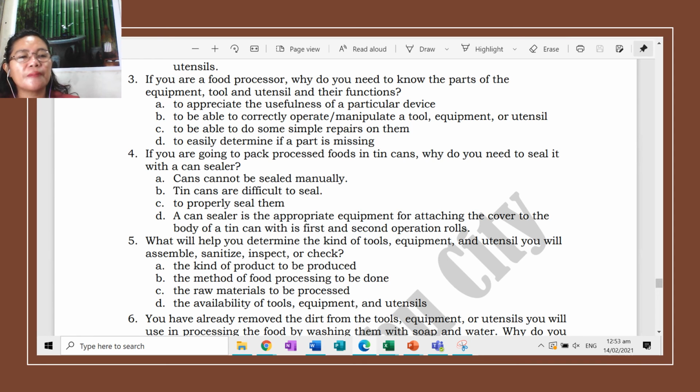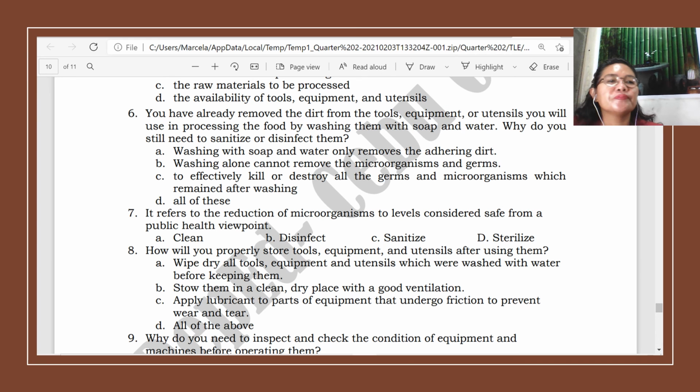Number 6. Have you already removed the dirt from the tools, equipment, and utensils you will use in processing the food by washing them with soap and water?